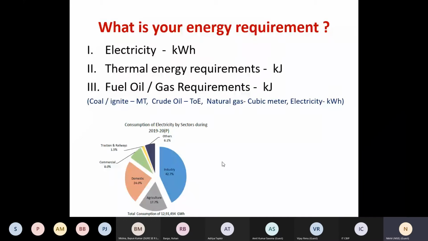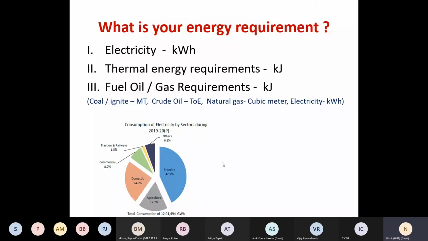That is near 12, almost 13 lakh gigawatt hour of energy, when I convert all this energy into kilowatt hour. And of course, industry is the most energy demanding sector, followed by the domestic sector and the agriculture sector.